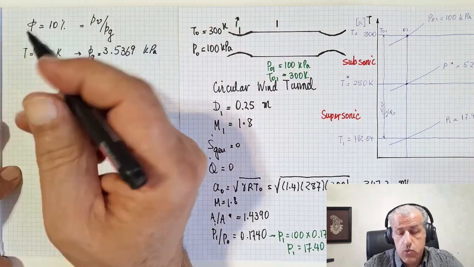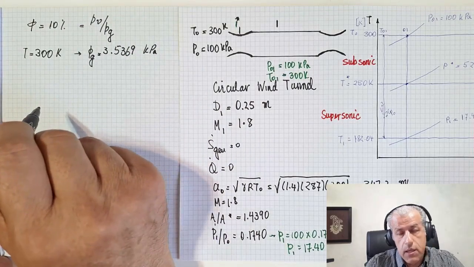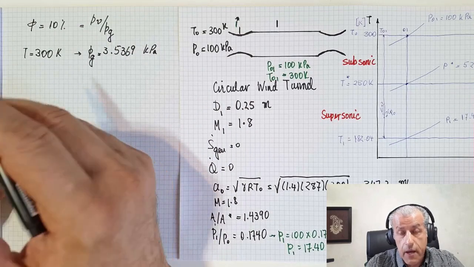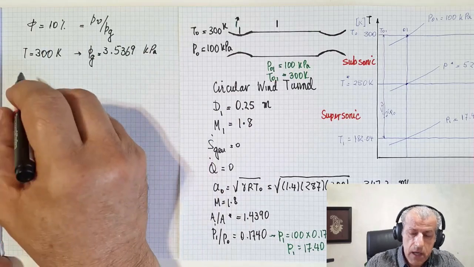Now, how much water would be in the air per kilogram of dry air?